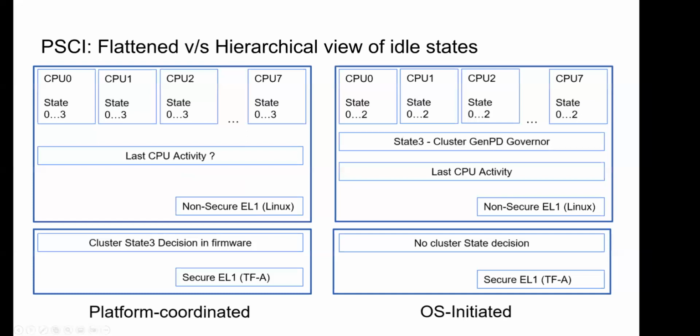Sorry, go ahead. If that code is rogue, can it affect the security of things running in the secure world? I guess it's not clear to me what the security impact would be of OS initiated mode, and maybe there's nothing, but how do we know that there is no impact?